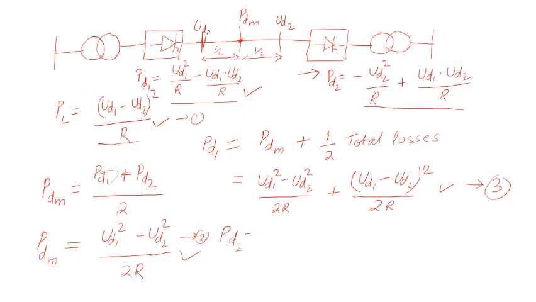Similarly, if you want to calculate PD2, it is the middle power minus half of the total loss. So PDM minus half of the total loss.